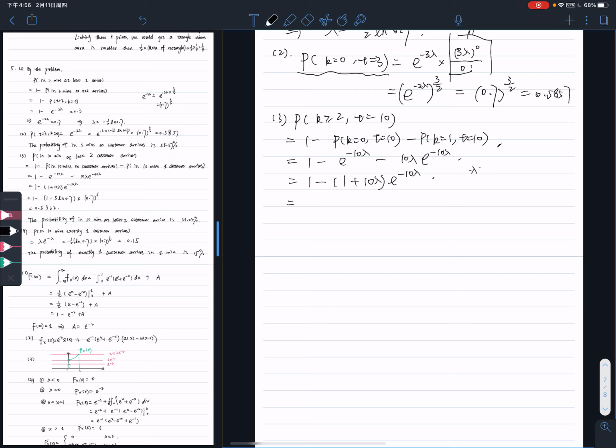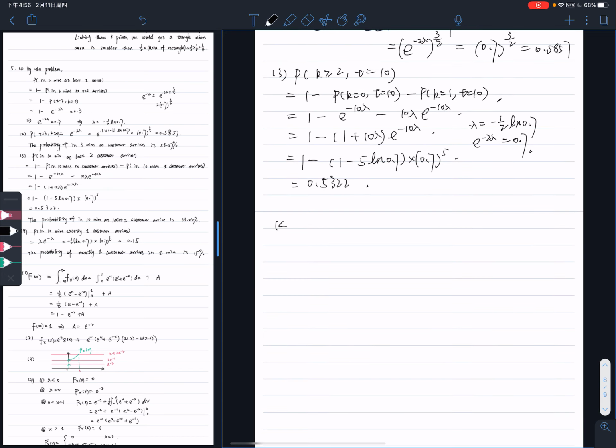Because lambda equals minus 1 over 2 ln 0.7 and e to the minus 2 lambda equals 0.7, this is equal to 1 minus (1 minus 5 ln 0.7) times 0.7 to the power of 5. Using the calculator we get 0.45322. So we successfully solved the third part.